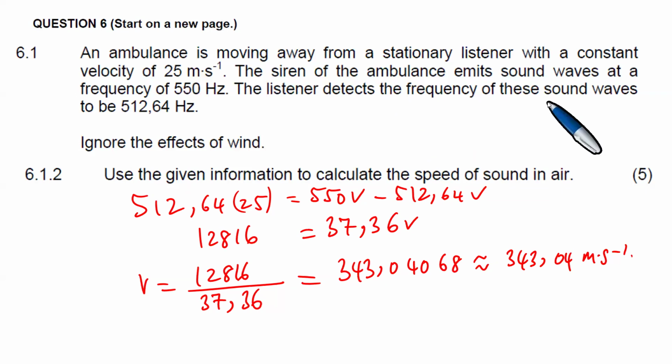But in the end, we are able to calculate the speed of sound in air, and therefore the speed of sound in air is exactly this one. Obviously, we know the speed of sound in air is about 343 meters per second, but we calculated it here.